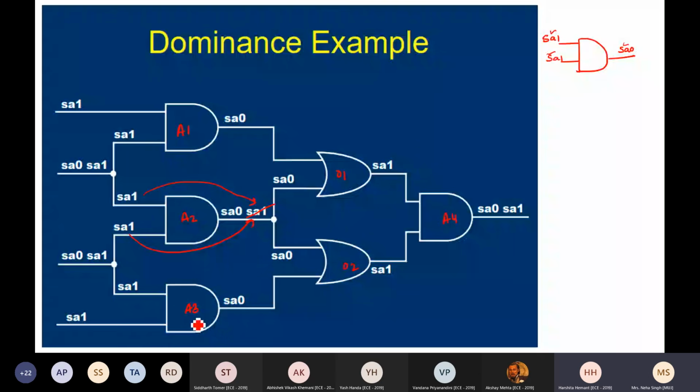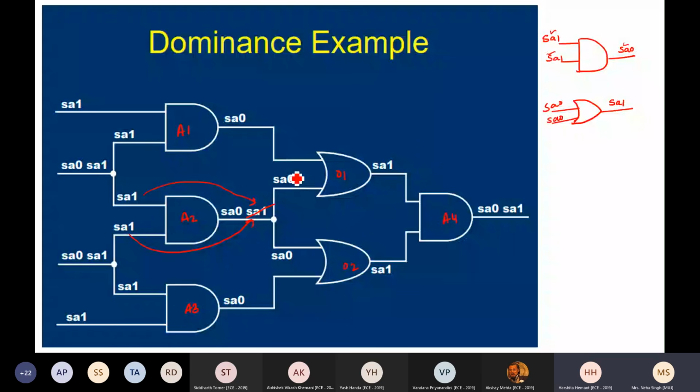OR gate में क्या क्या बचना चाहिए? Inputs stuck at 0, output stuck at 1. So ये मेरा OR gate O1. Inputs are stuck at 0 only. Output is stuck at 1. So nothing can be eliminated.